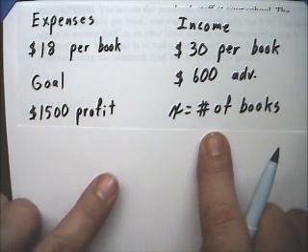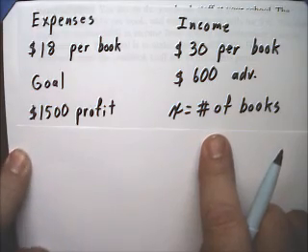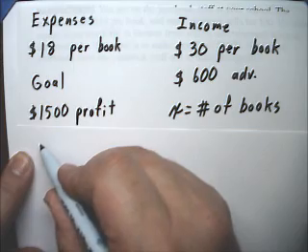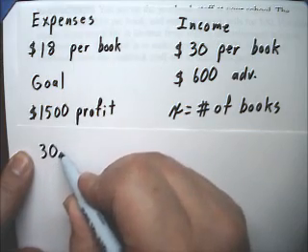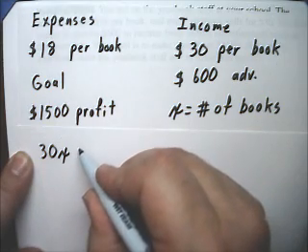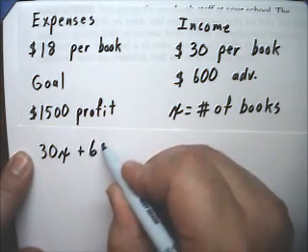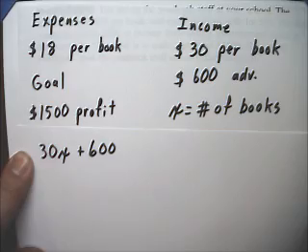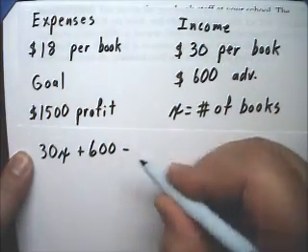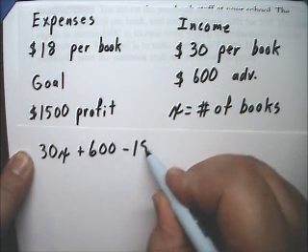So since it's income minus expenses, let's get the income down first. Income is going to be 30x. That's how much money we're going to get from the sale of our books. We're also going to get $600 from the advertising. Now we have to subtract our expenses, which are minus 18x.